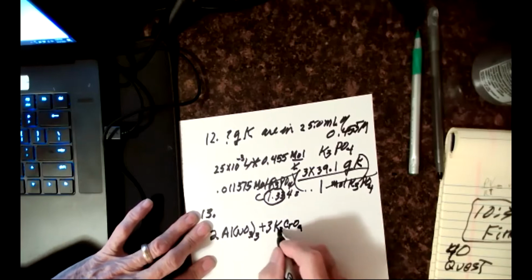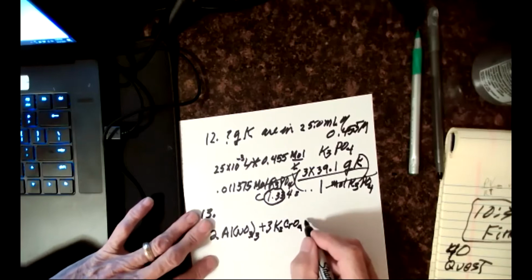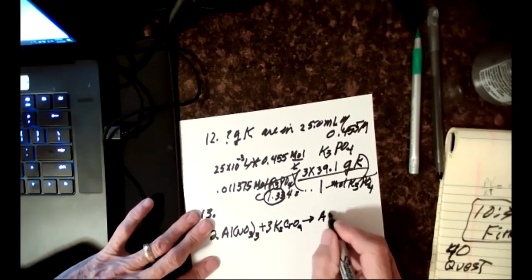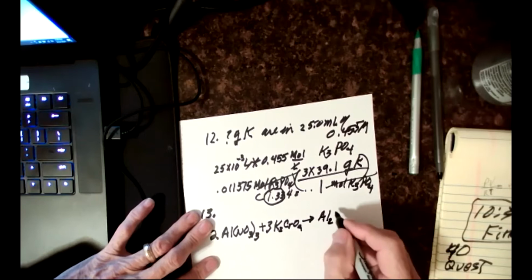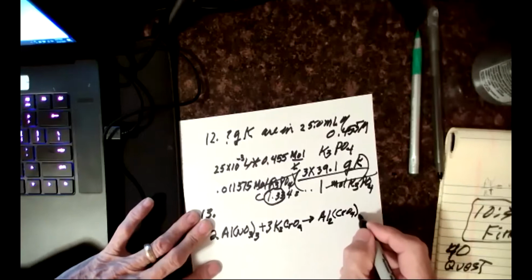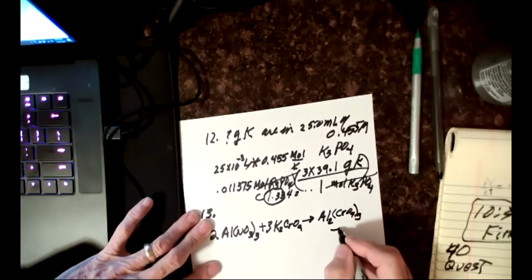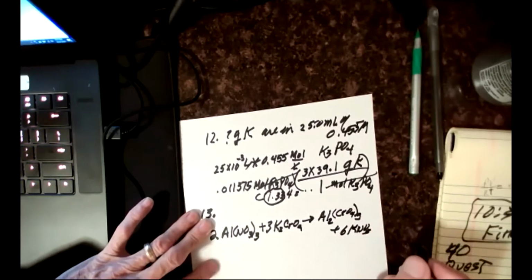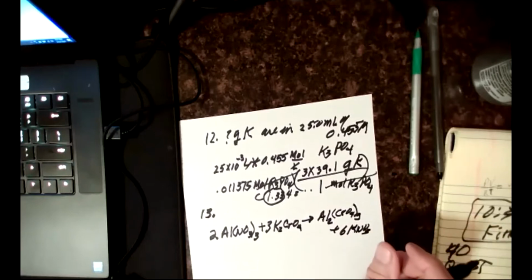That would be potassium chromate. It's going to make Al2(CrO4)3 and 6 KNO3, potassium nitrate. Okay, so those are the things involved in the reaction.